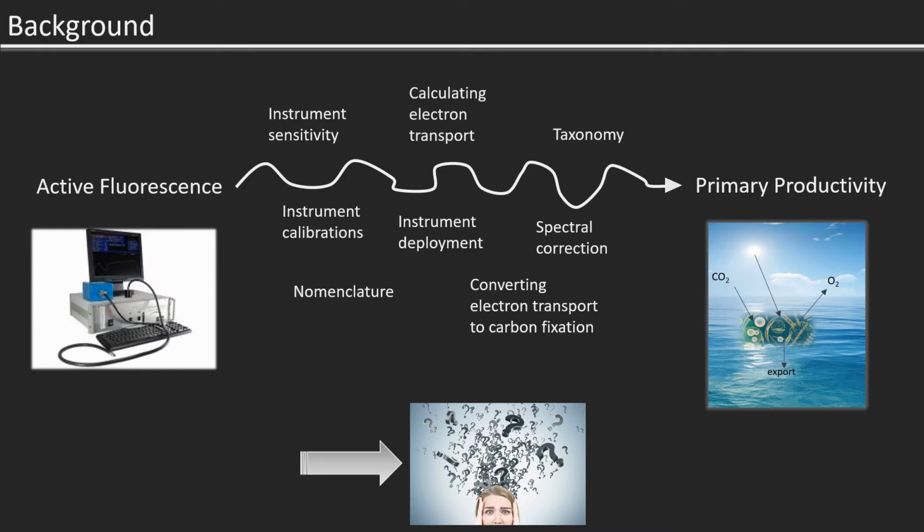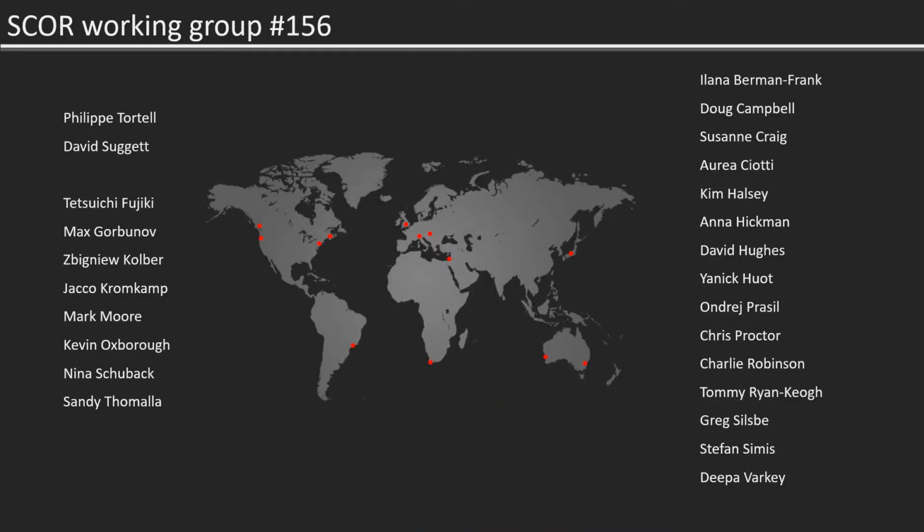It's a real shame, because since the introduction of these instruments to oceanography, a hell of a lot of progress has been made, and the confusion kind of masks this progress. For example, the instruments we have available now are a lot more sensitive and sophisticated than what we used to have.